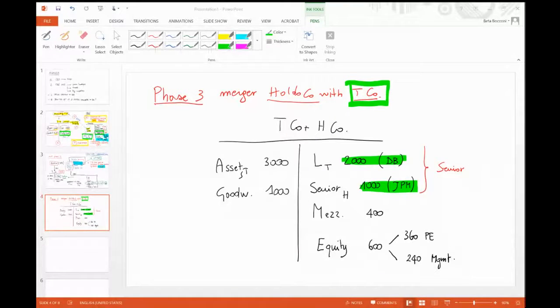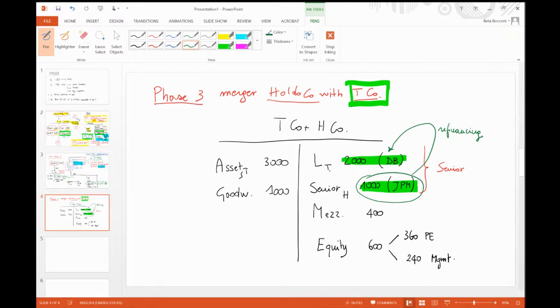Guess what? In reality, when the sponsors, the private equity investors, approach JP Morgan, they will ask JP Morgan, listen, you will not have to provide me only the acquisition financing to create the holding company, but typically what they do, they also ask to refinance the existing creditors.